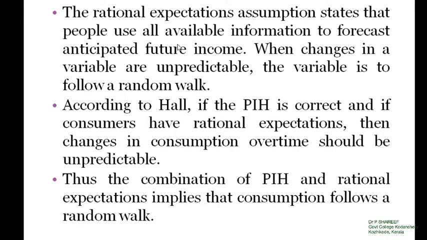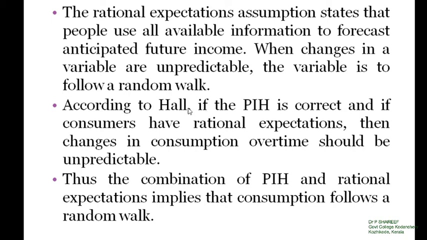When changes in a variable are unpredictable, the variable is said to follow a random walk. That is, when changes in the income are unpredictable, the consumption also follows a random walk.